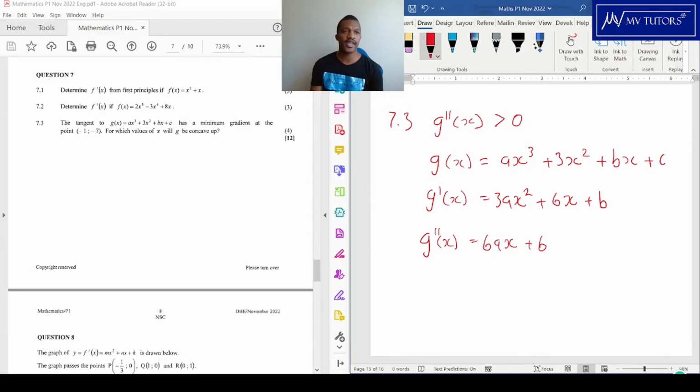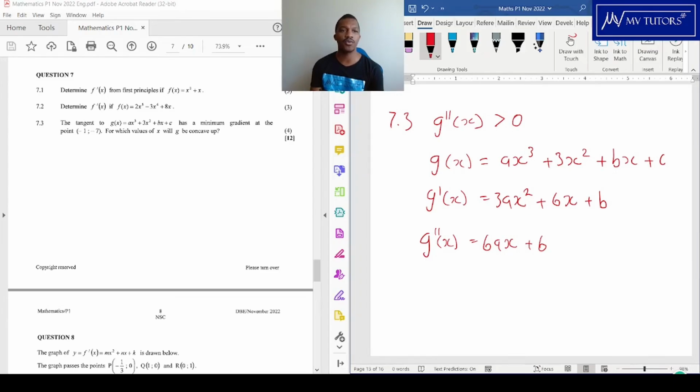But now they tell us that at that point, minus 1 and minus 7, that's where we have the minimum gradient. And we know that this is a formula for gradient. So we know that we get the minimum gradient where this is equal to 0.